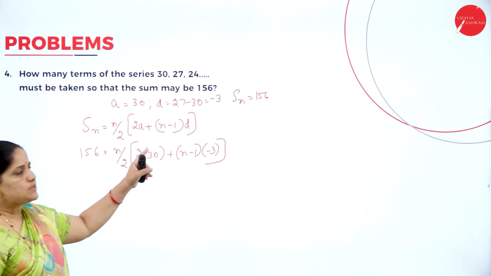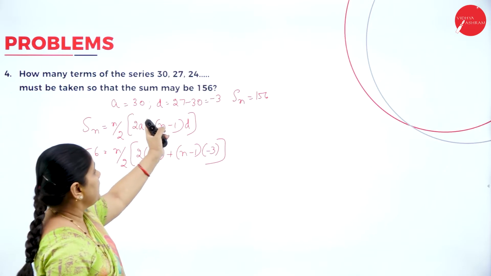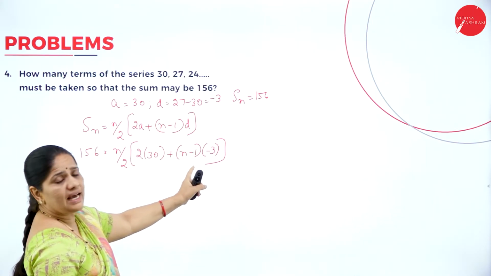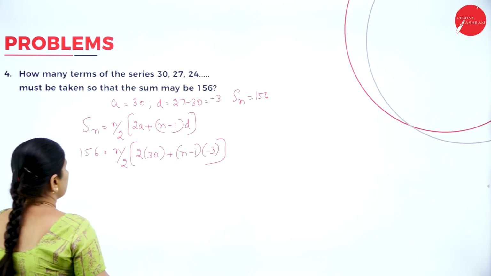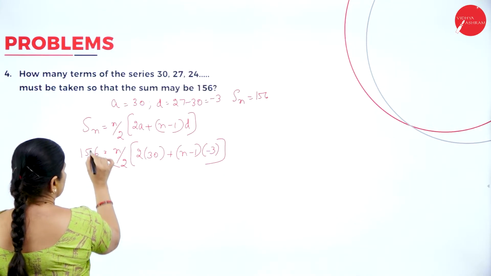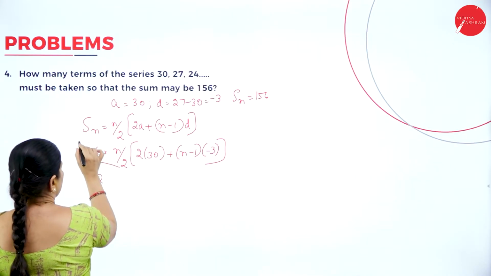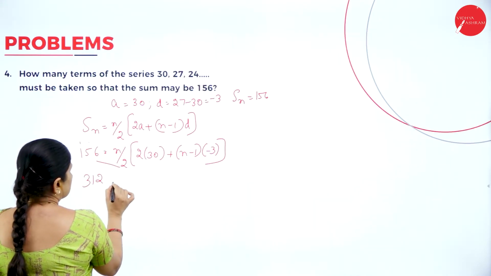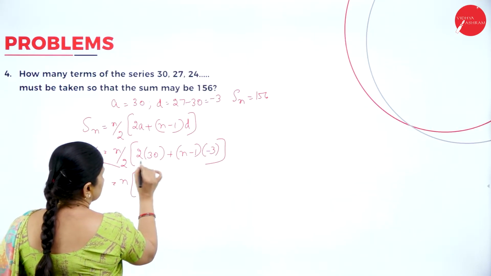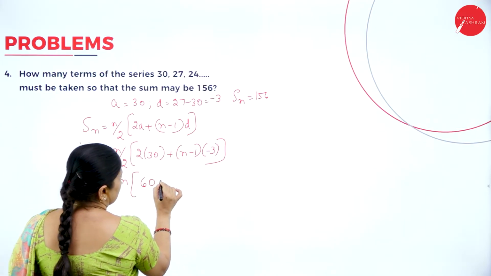I have just substituted the values of A and D, and I have written it as it is. Okay. So 156 into 2 is 312 equals n into 60.